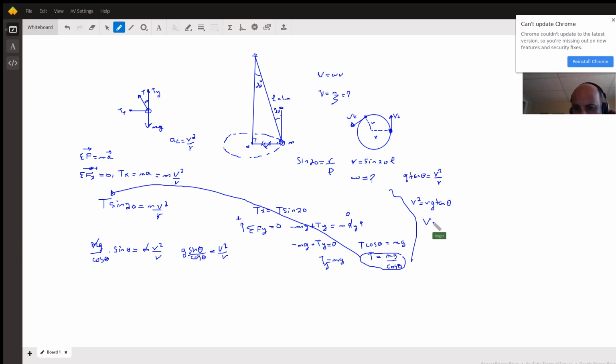And v, which is a tangential velocity, that's what we're looking for, is the square root of r g tan theta. Okay, that's it. So we know what r is. We said r is L sine theta.